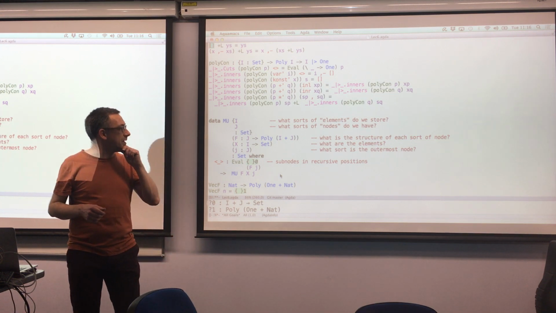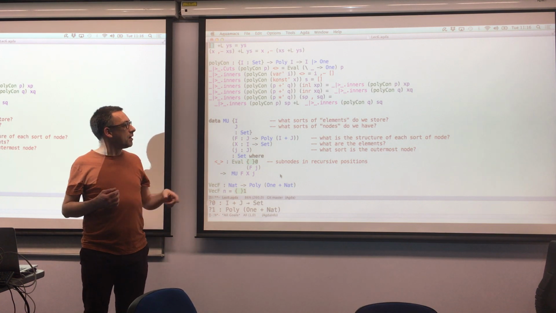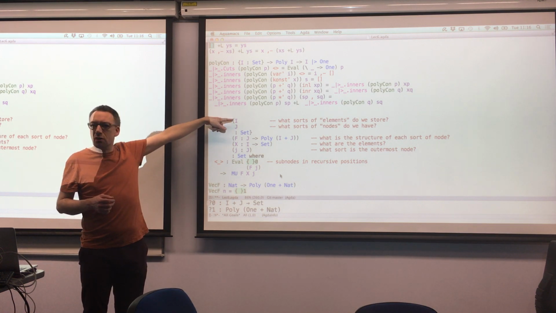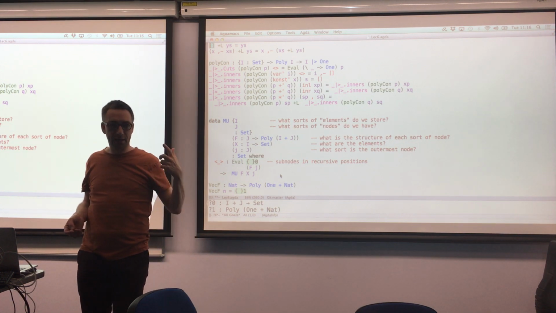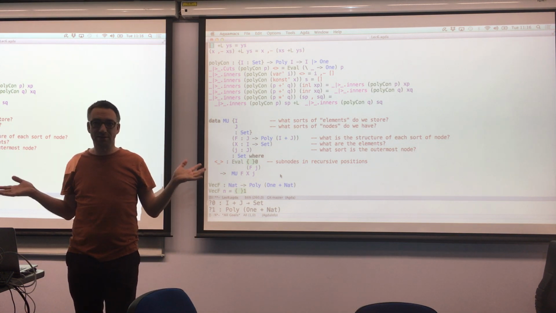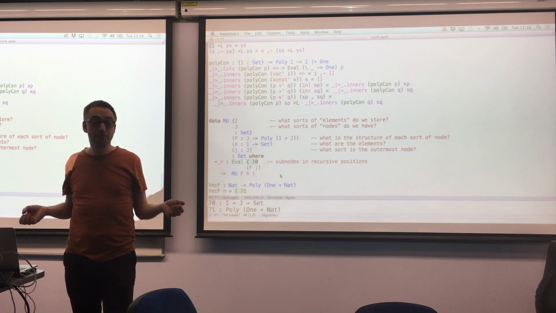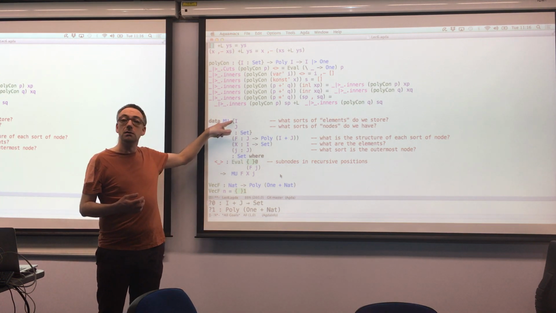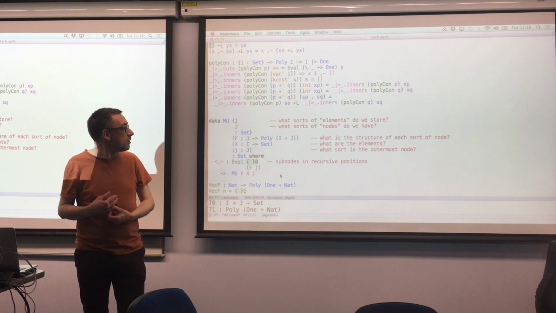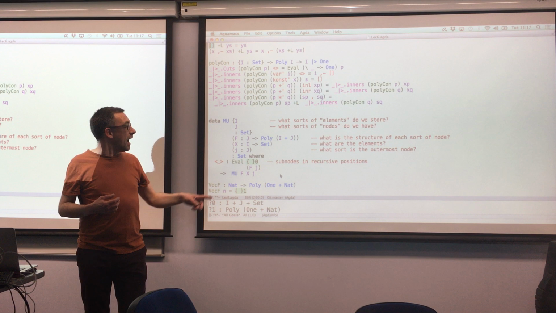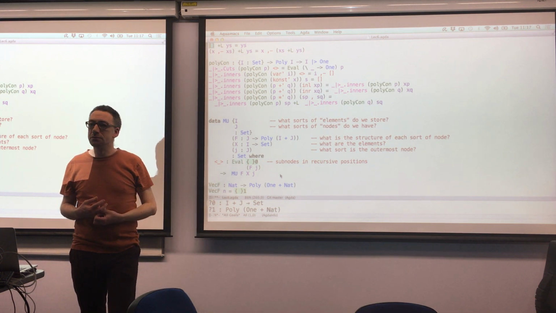So what does that mean that we need? We're going to have some sorts of elements. Maybe like lists, there's only one sort of element. Once you choose the element type, that's the only sort of element, but there might be more. We might be picky about which elements we want in some way. And there are going to be some sorts of nodes, right?